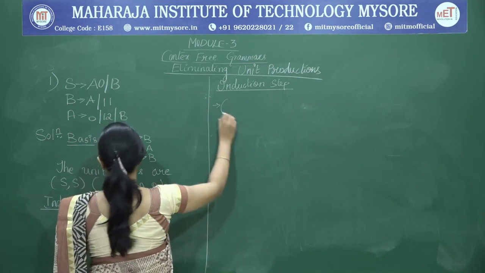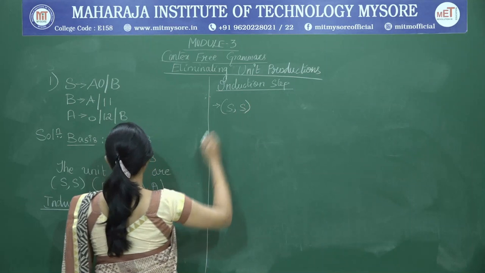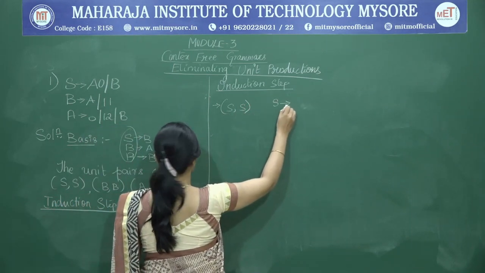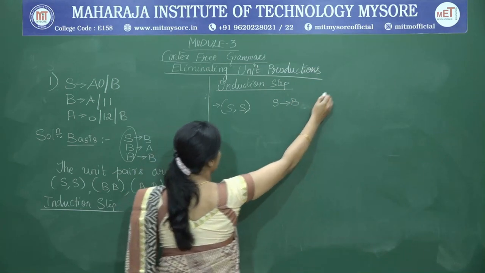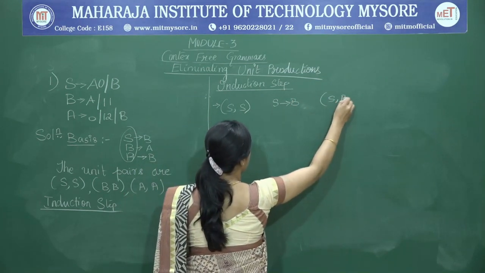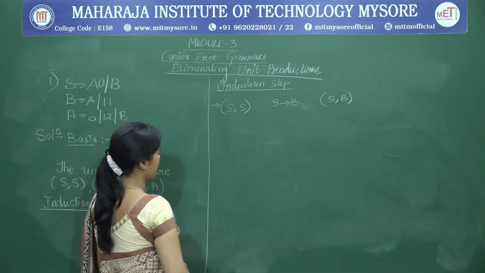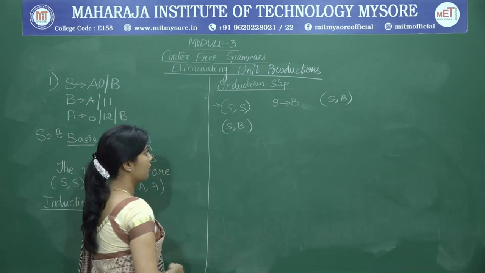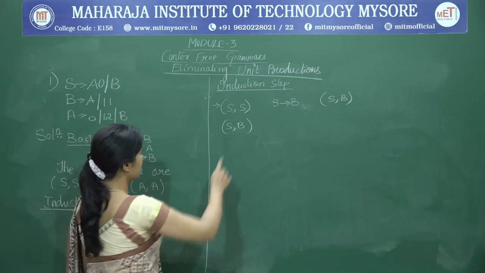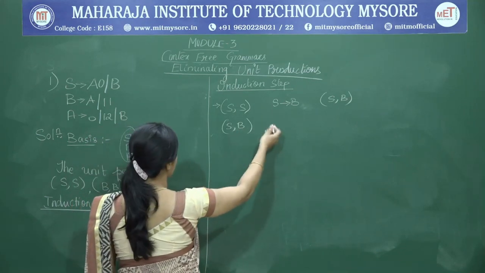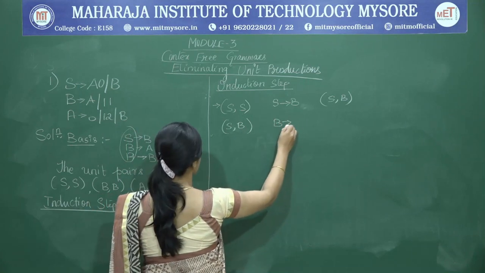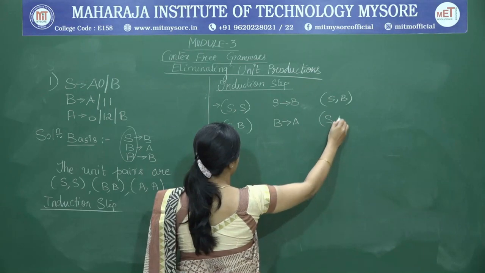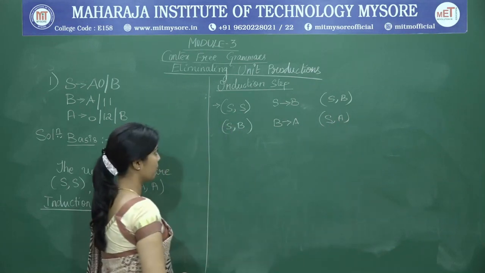So first I am going to consider S comma S. Once we have S comma S, we have the production S goes to B. Therefore, S comma B is also a unit pair. So we will consider S comma B, which is generated as the unit pair. Next, we will see if we have B goes to something. So B goes to A is present. Therefore, S comma A is also a unit pair.